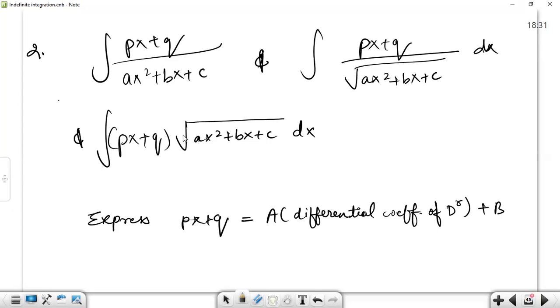So basically what we will be doing is representing px plus q in such terms that it has the differential coefficient of the denominator, or of ax square plus bx plus c. We'll better understand it using an example.